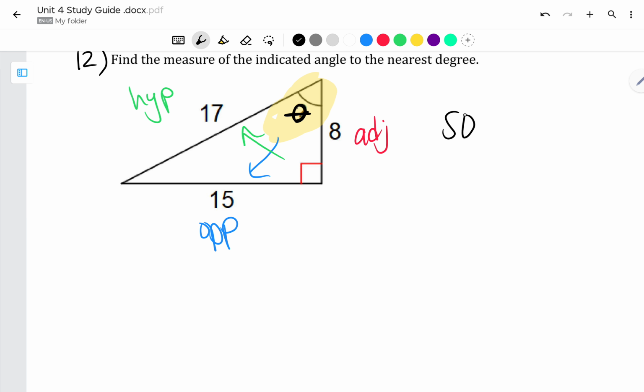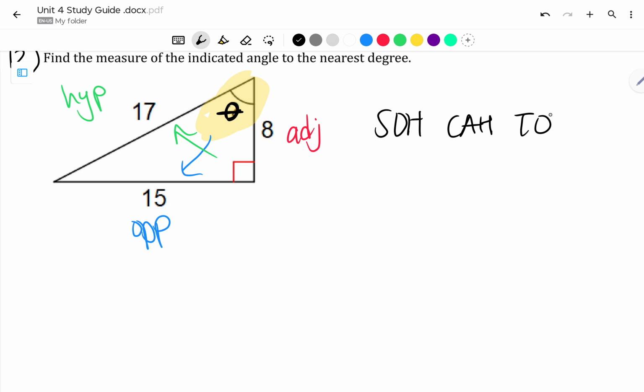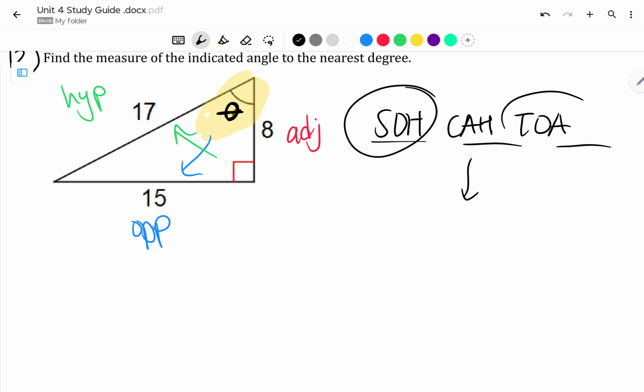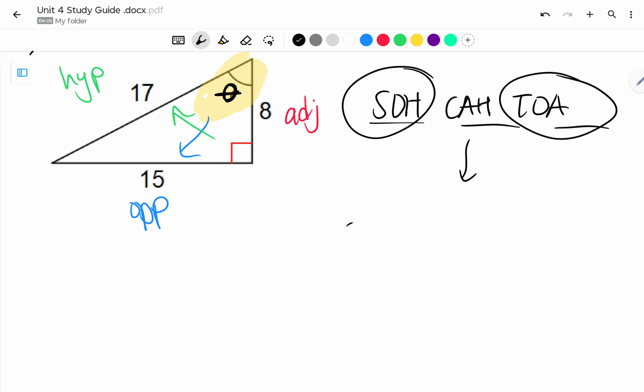So when I'm using SOHCAHTOA, you could use either one of these. I feel like cosine didn't get enough love in this video, so I'm going to use cosine. But try out the other ones. So cosine of theta equals adjacent over hypotenuse.